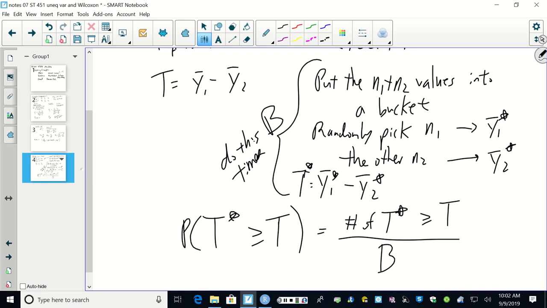So if in only 5% or less of the times, 1% of the time or a very small percentage of the time, we actually can get something as big, if it's really mixed up, that would suggest that the difference we actually saw was in fact extreme, and not consistent with just the null hypothesis that there's really no difference. So instead of using the T theory and dealing with the Welch's degrees of freedom, this type of simulation, permutation of things gives another evaluation.